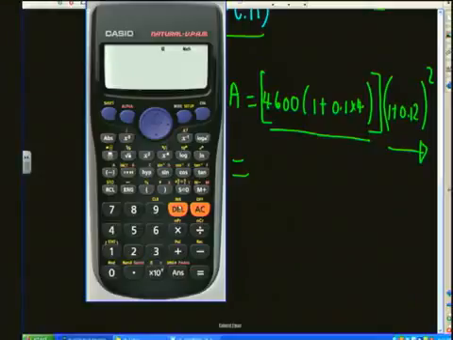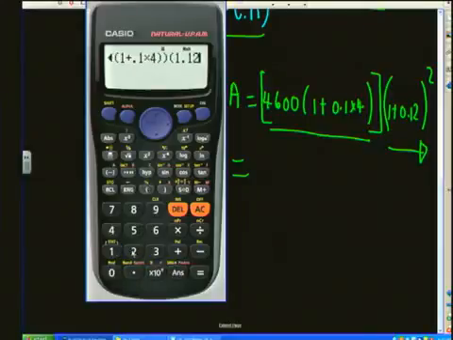Okay, so we're going to write in exactly what we see. We've got 4,600 Rand. Simple interest, 1 plus 0.1 times 4. Close brackets and then close brackets again. That whole thing is going to be moved forward for 2 years at 12%, so it's 1.12.